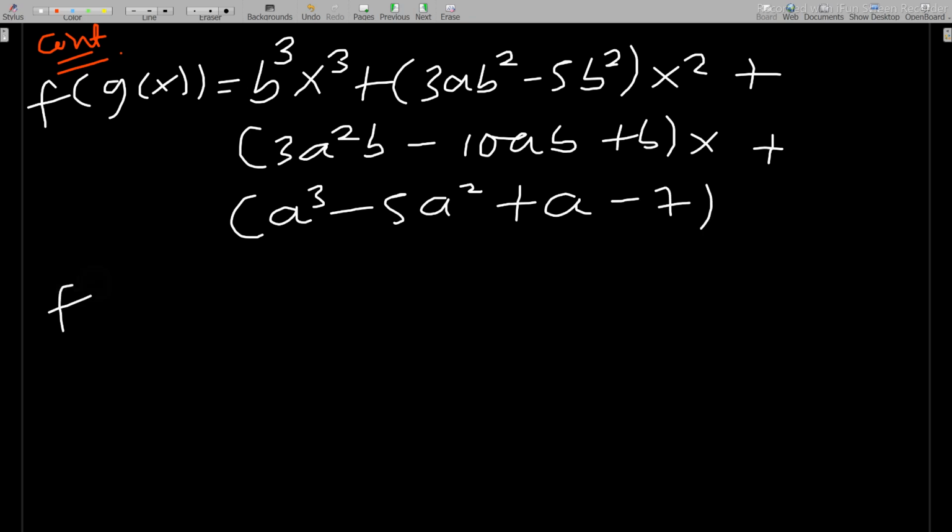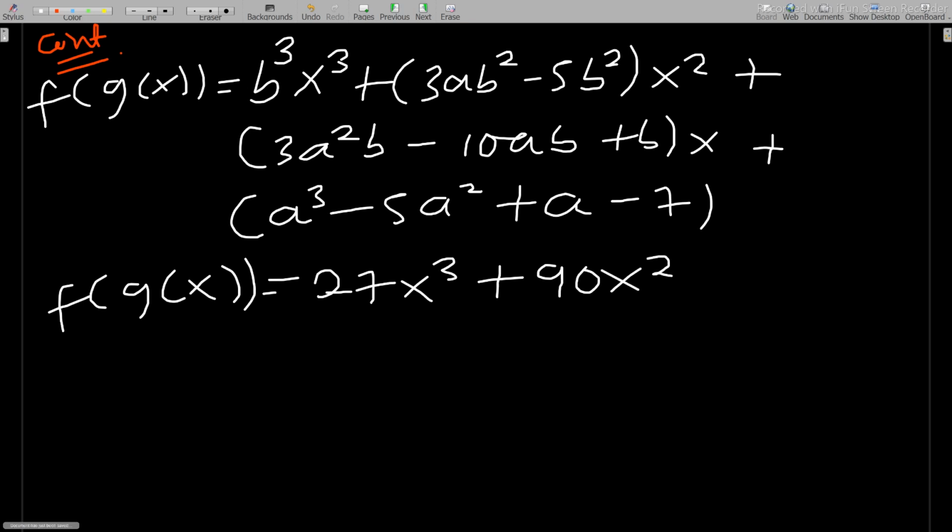Now we have f of g of x given in the question as 27x cubed plus 90x squared plus 78x minus 2.